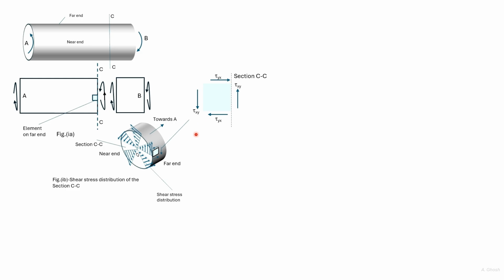And these are the two other shear stresses, tau yx, that act perpendicular. Considering equilibrium of this element, we know that these two tau xy have to be of equal magnitude, and the moment created by tau yx has to be equal and opposite to the moment created due to tau xy.